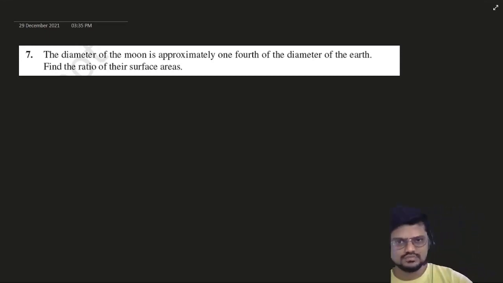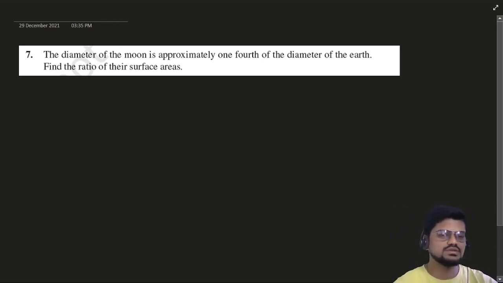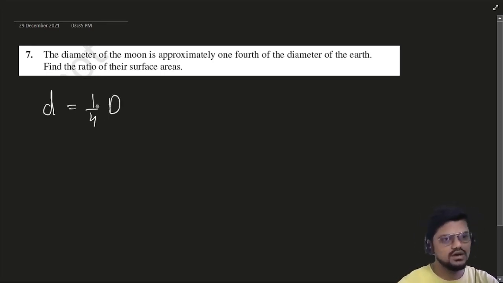Now, the diameter of the moon is approximately 1/4 of the diameter of the earth. That means if d is the diameter of the moon, then it is 1/4 of the diameter of the earth, and if capital D is the diameter of the earth.